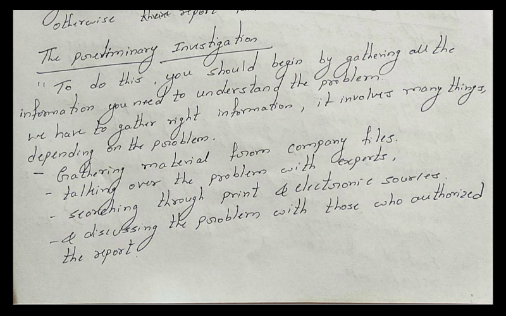You can search through electronic or print media, or discuss the problem with those who authorized the report. If you do all these things, it will help you gather information about the problem.